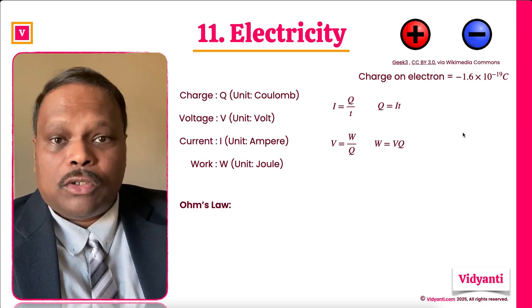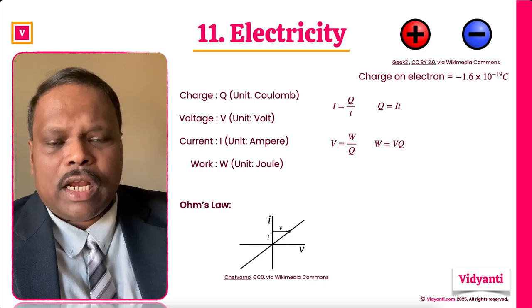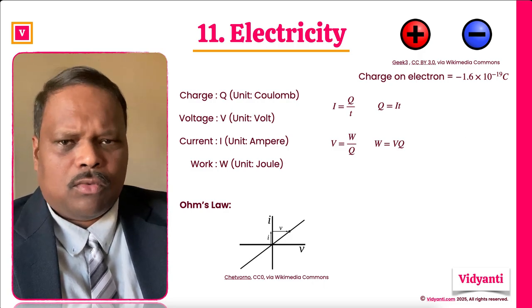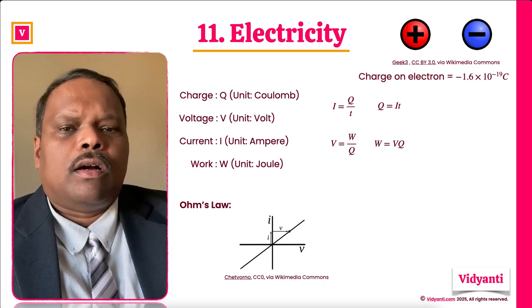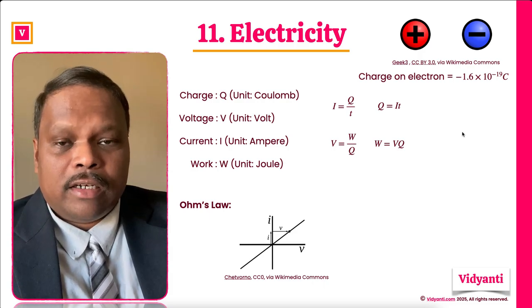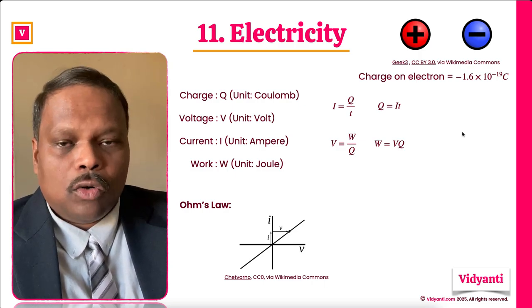Now next we are going to see Ohm's law. Ohm's law says that voltage and current are directly proportional to each other. Now let me remind you that Ohm's law is not universal. It is mostly applicable for metallic conductors. There are certain conductors which do not obey Ohm's law.